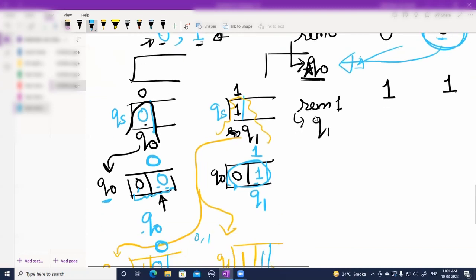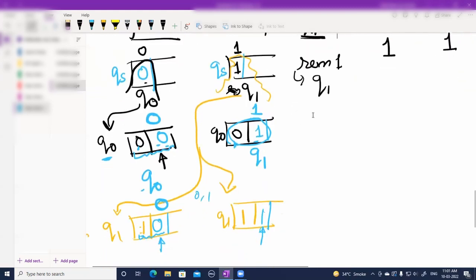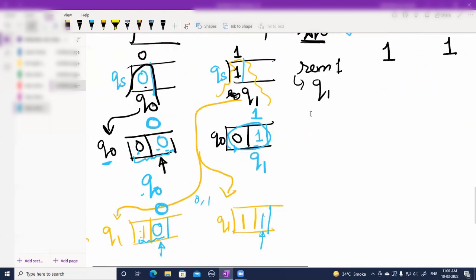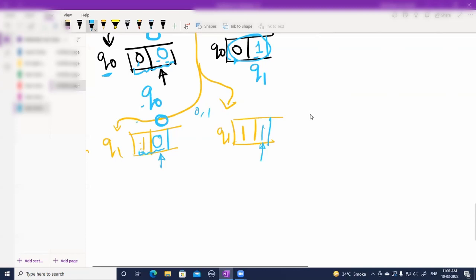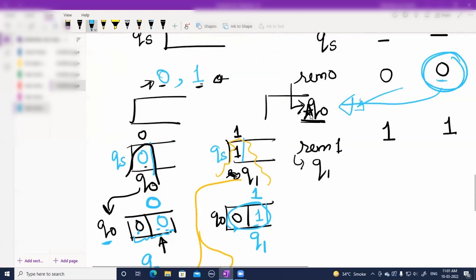So there is no need to generate a new state name. Here I can repeat the Q0 state because the remainder is the same. Although it is representing string 10, the output is the same, 0. That's why I have the Q0 state here. So we can write that Q0 is not only representing string 0 and double 0, but it is also representing string 10.